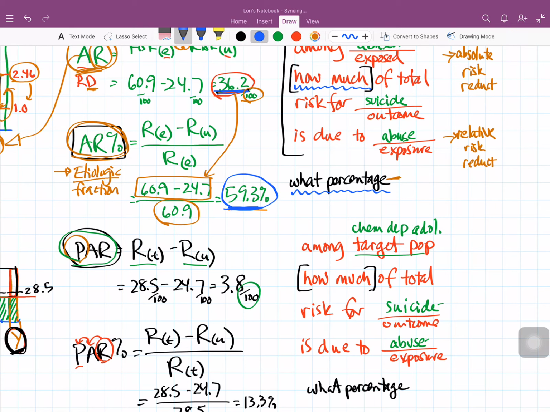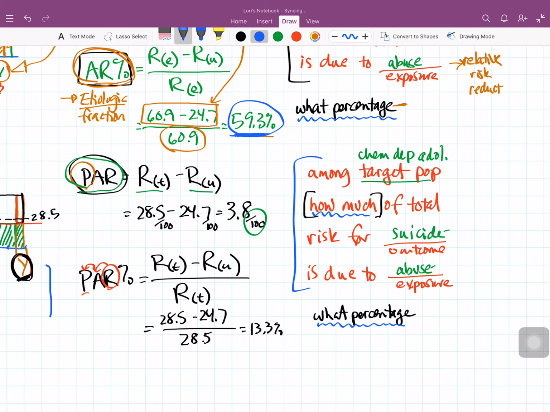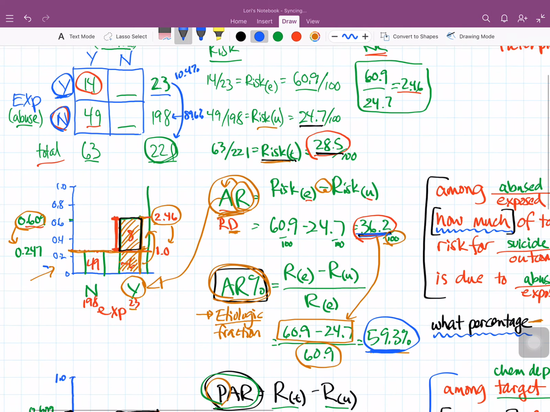So we take this exact same wording: among chemically dependent adolescents, what percentage of the total risk for suicide is due to abuse. And here we're saying it's 13.3%. And if you take 13.3% and multiply it by this number, 63, you will get approximately 8%.